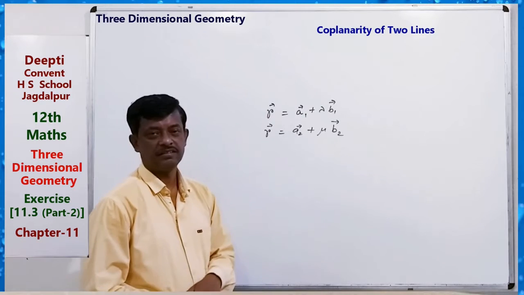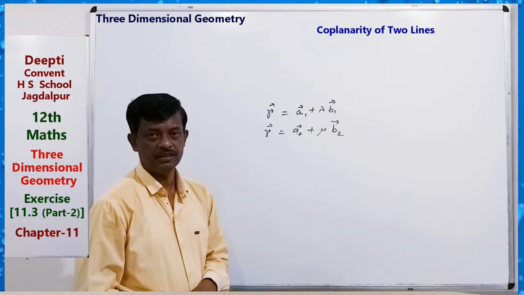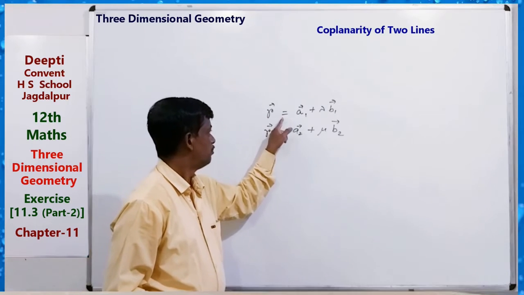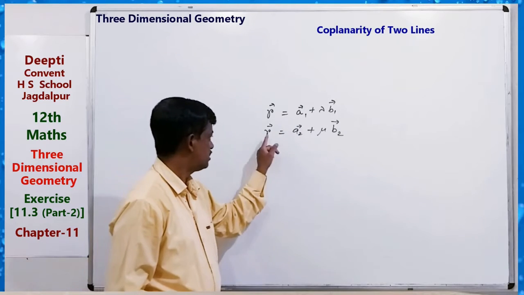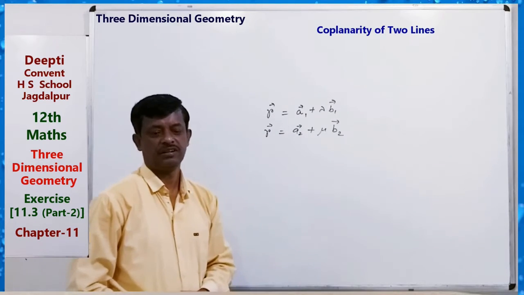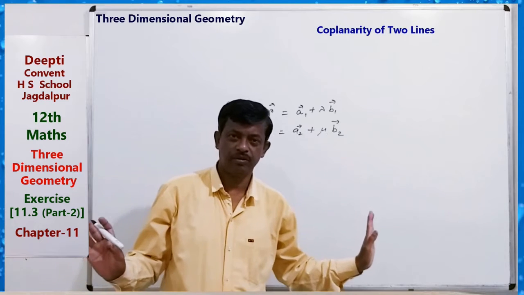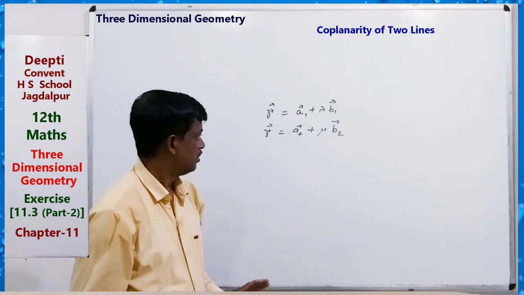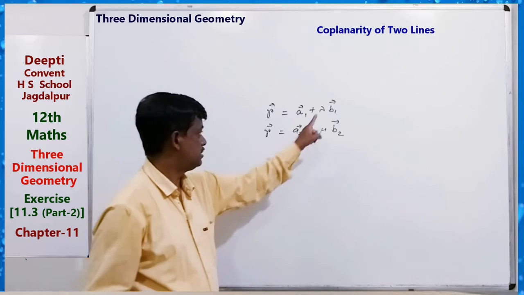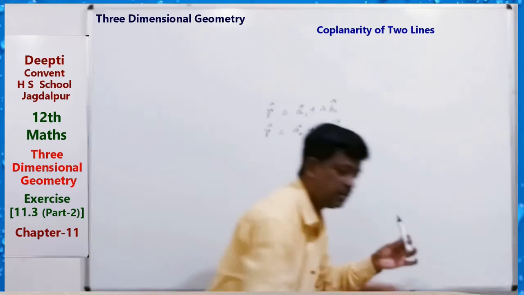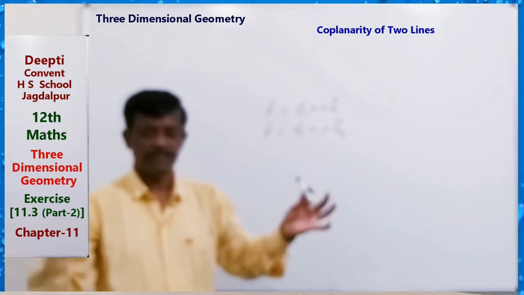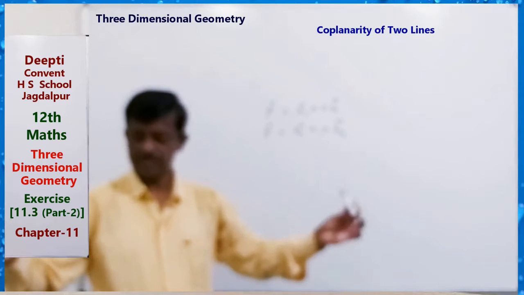The first line is parallel to the b1 vector, and the second line is parallel to the b2 vector. The lines may be anywhere. Now, this is one direction and this is another direction. Clear?